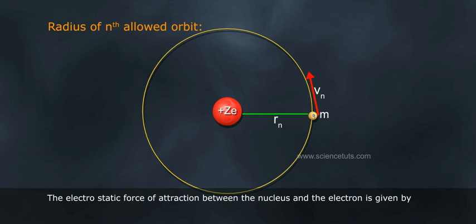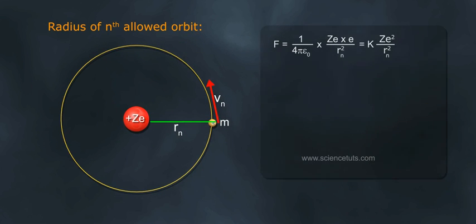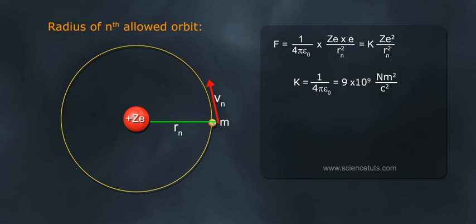The electrostatic force of attraction between the nucleus and the electron is given by F equals 1 by 4πε₀ into Ze into e by rn² equals kZe² by rn², where k equals 1 by 4πε₀ equals 9 × 10⁹ Nm² by C².